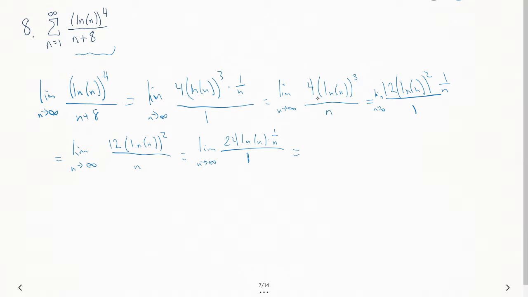You can drop that n on down, so you get 24 times the limit as n goes to infinity of natural log of n divided by n. And so finally, we're going to be able to evaluate the limit. You get 24 times 1 over n divided by 1. So at the end of the day, this whole thing equals 0.